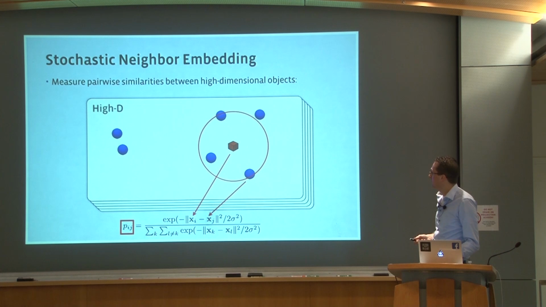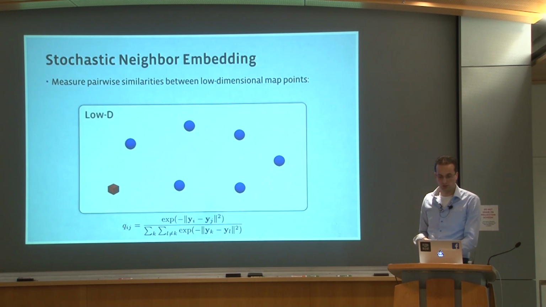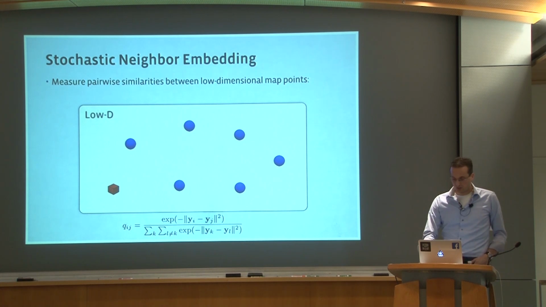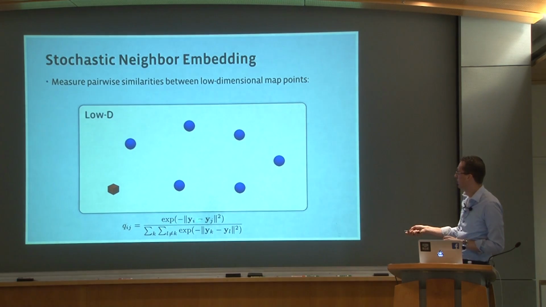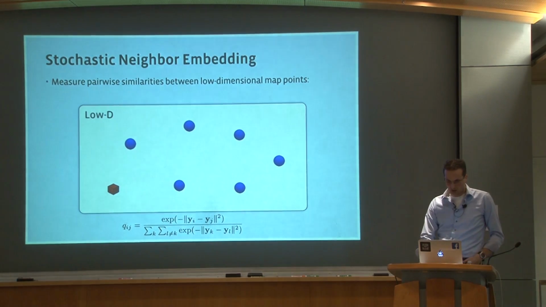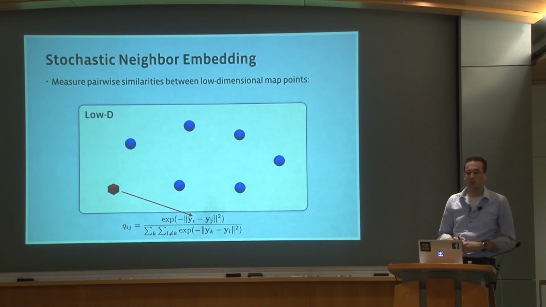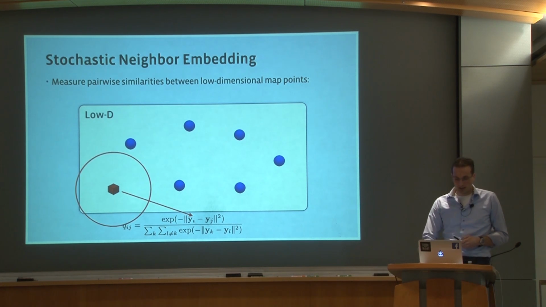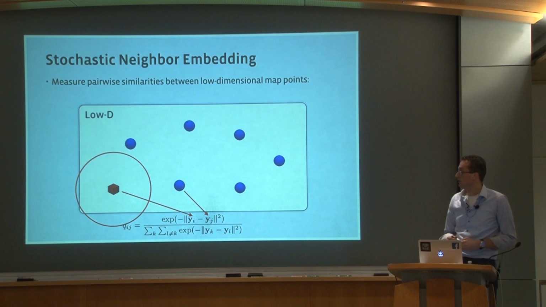Now we go to our low-dimensional space, to our two-dimensional map, the map that we want to create. Here we're going to represent each point in the high-dimensional data by a point in this two-dimensional map, which I will call yi and yj. So we have this point yi, it sits somewhere in our two-dimensional map, and we're going to do the same thing again. We're going to center a Gaussian over it, and measure the density of all the other points y sub j under that Gaussian.